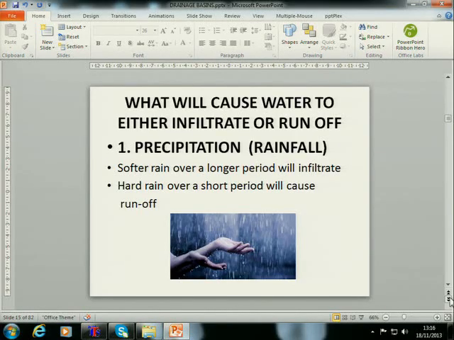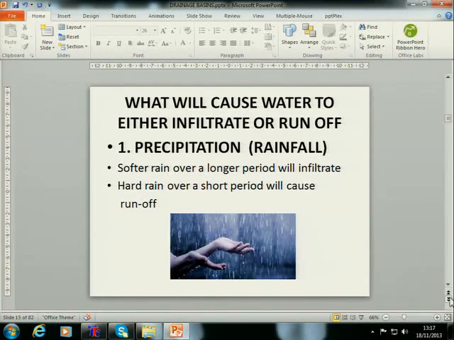Okay, if you've been in the Free State for the past week or so, you will know that over the weekend we had soft, ongoing rain. If the rain is soft and it is over a longer period, water will infiltrate. In other words, it will go into the ground and it will form groundwater.